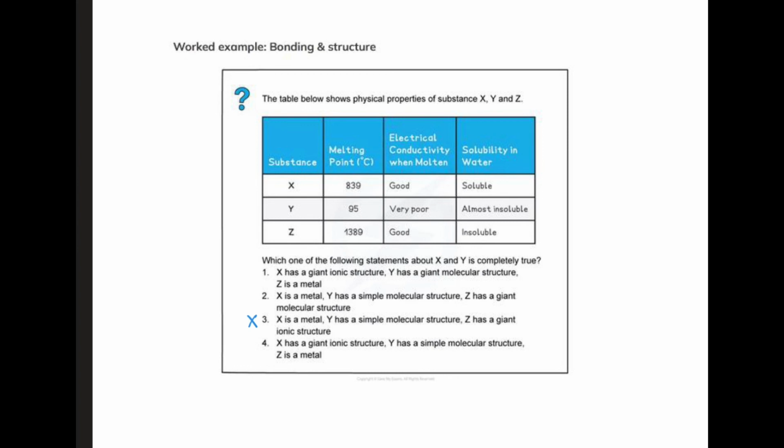Then you have to accept X as a giant ionic structure. As you can see, only 1 and 4 remain, right? So X is a giant ionic structure. And how about Y? Is it a giant molecule or a simple molecule?